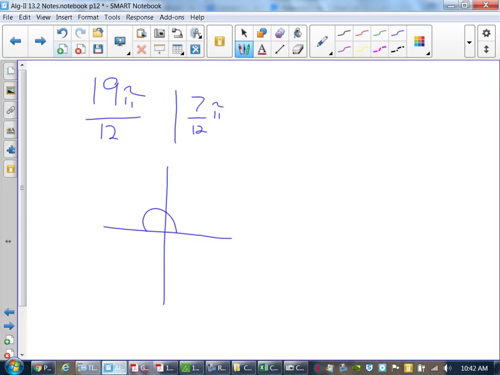Here's 1 pi, and then 7 over 12. Is that more or less halfway? It's past. So think about, if you think of it this way, here is 6/12. Here's 1/12 more. How much further would I have to go to get up there? I'd have to create 5/12 more to come up.